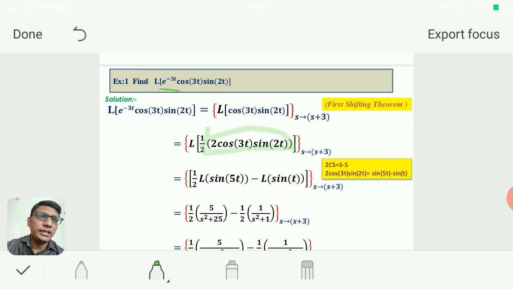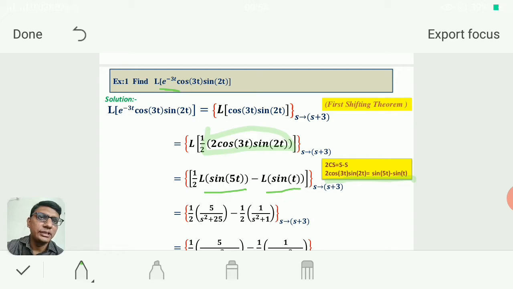Now we can apply the formula 2 cos A sin B, that is sin A plus B minus sin A minus B. So here 2 cos 3t into sin 2t will be sin 5t minus sin t. After applying the formula we get Laplace of sin 5t and Laplace of sin t.